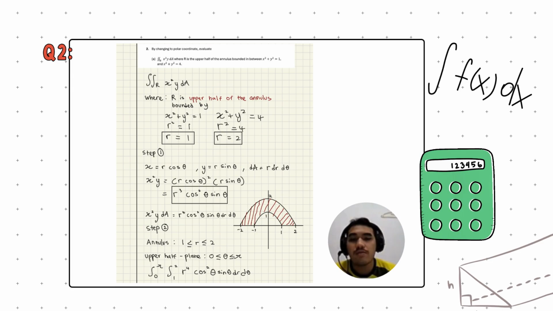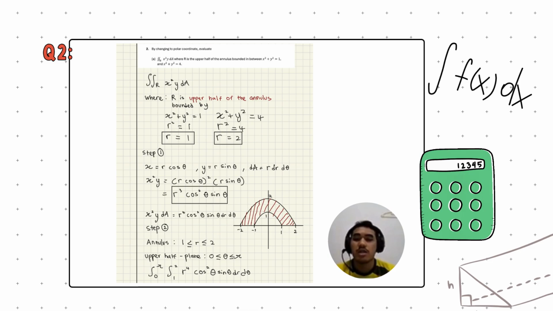From the formula, we know that x squared plus y squared equals r squared. So from the first equation, we get r squared equals 1, and from the second equation, r squared equals 4. Finally we simplify and get r equals 1 and r equals 2. So we know the annulus will be between 1 and 2.